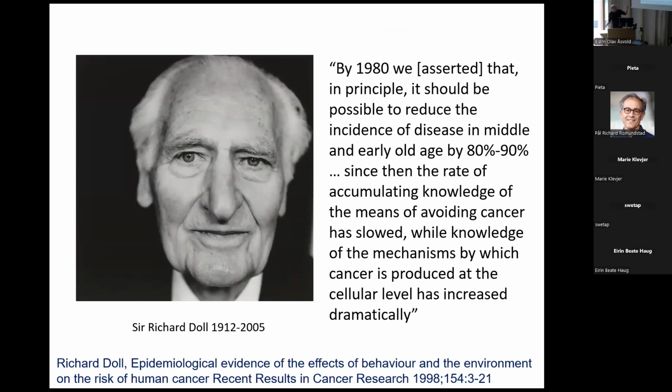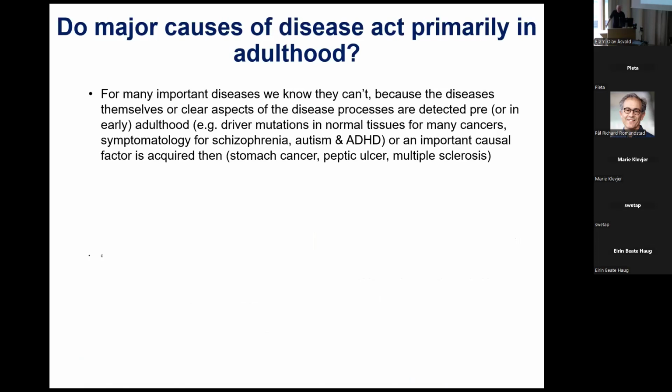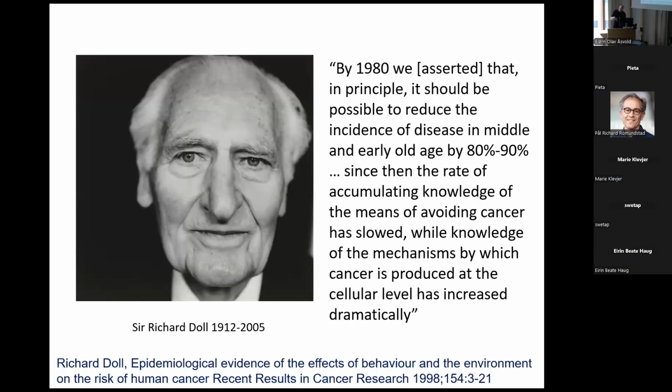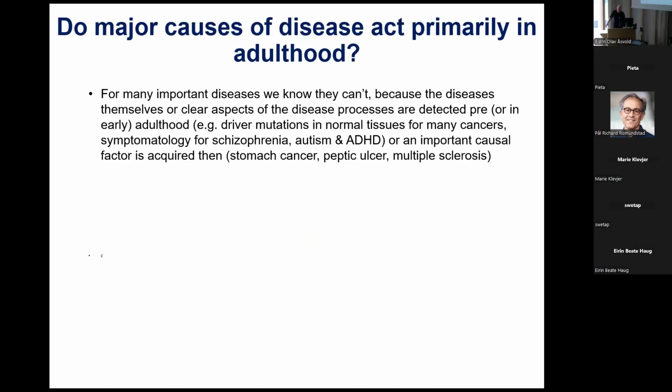But, he says, while knowledge of the mechanism by which cancer is produced at the cellular level has increased dramatically, that's a bit of biological knowledge, but it's not great if you've got cancer, because they haven't identified ways of preventing it, but they know more about how it's killing you. Our assessment two years ago now was that that's not changed.